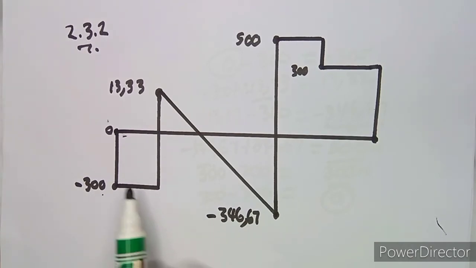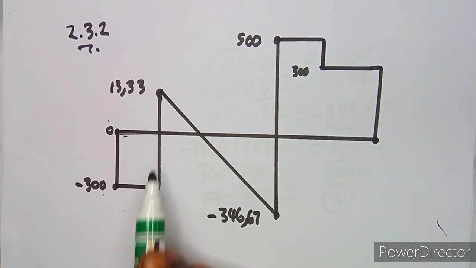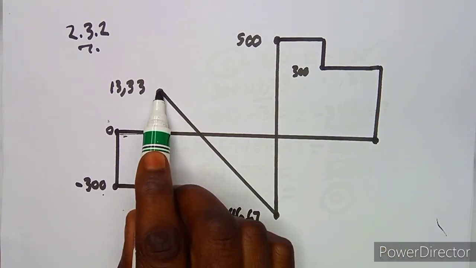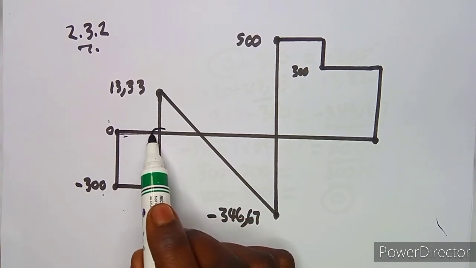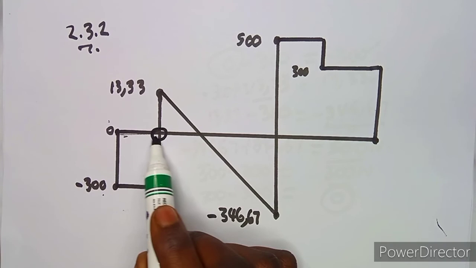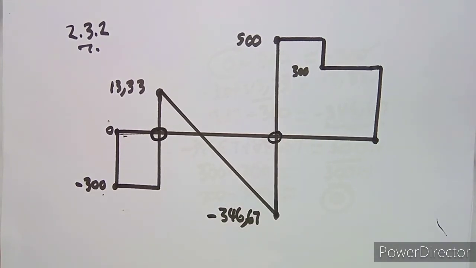As you can see, this is our horizontal line. This point here is where it has crossed the horizontal axis, and also here it has crossed the horizontal axis.